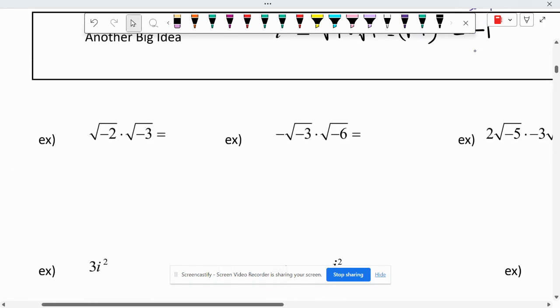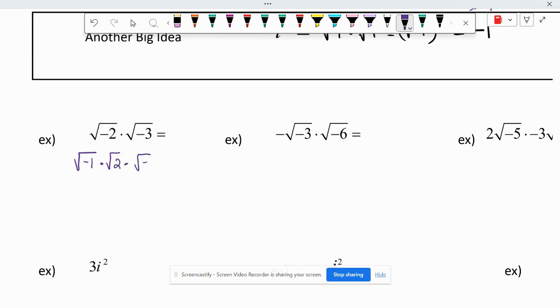So when you think of this, I'm going to break it up just so you can see what's happening really fast. This is really -1 times the square root of 2 times the square root of -1 times the square root of 3.